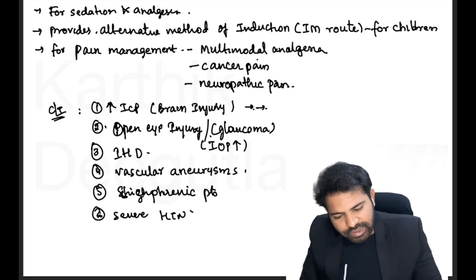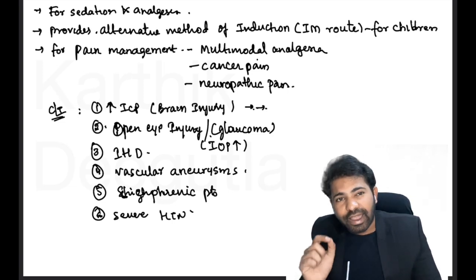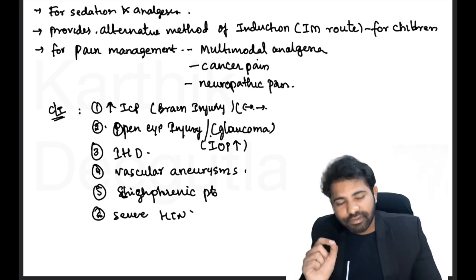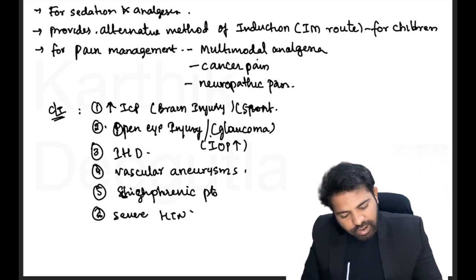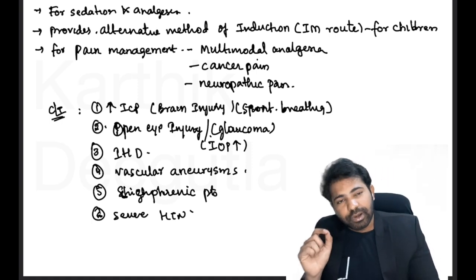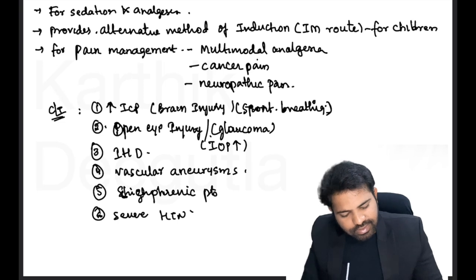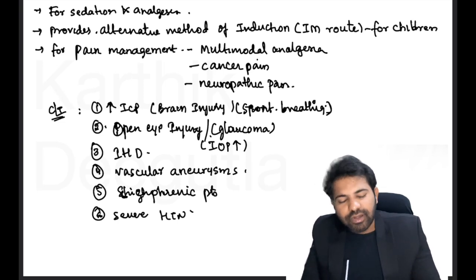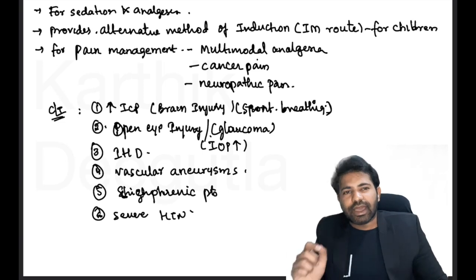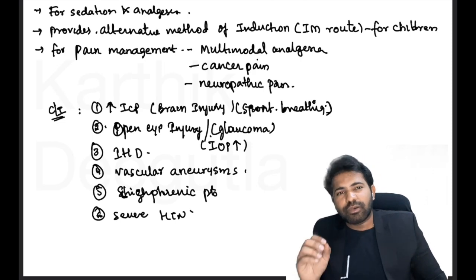But in patients with head injury who are on mechanical ventilation, the report says that ketamine has a neuroprotective effect. This is the research, because it retains the response of cerebral blood flow to oxygen.